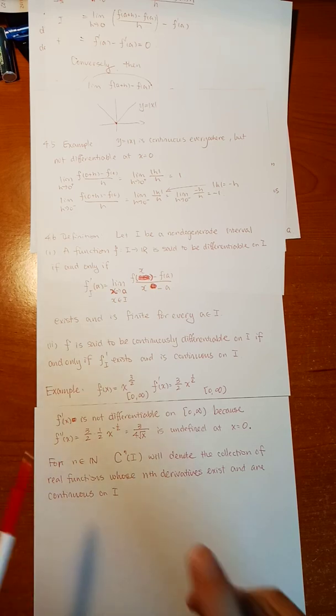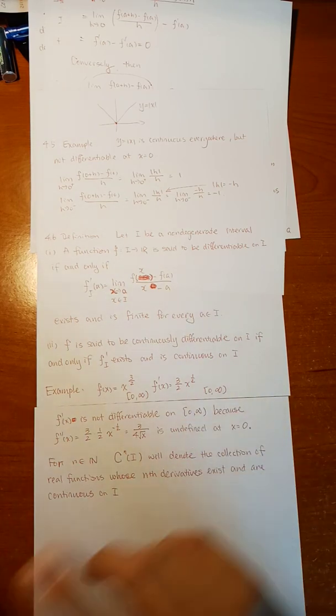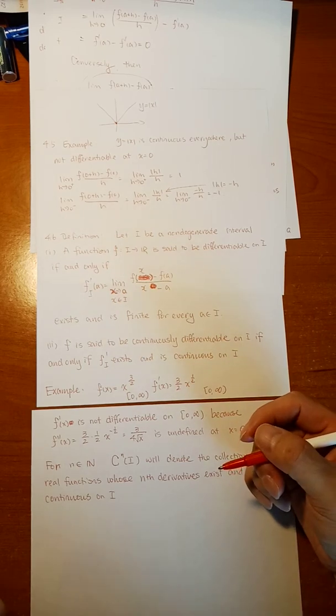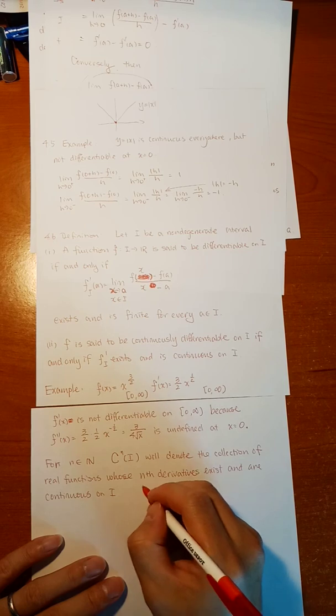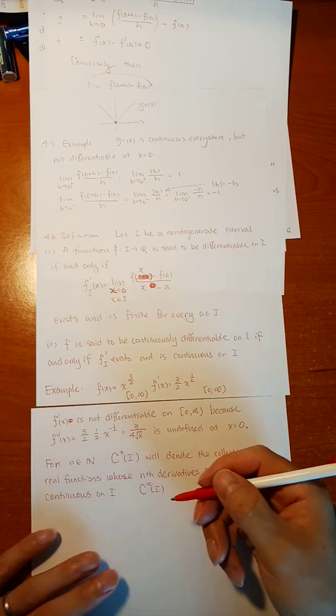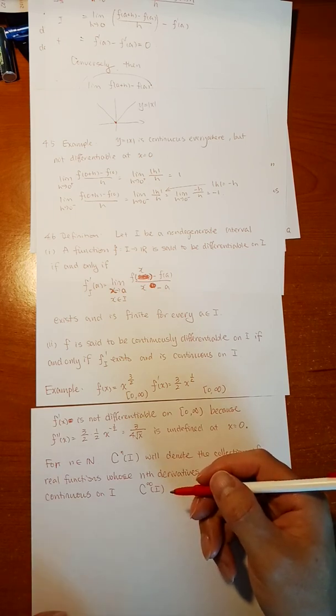So C^1 is continuously differentiable. C^2 will be twice differentiable with a continuous second derivative. And also we have C infinity. C infinity just means you can differentiate infinitely many times and the derivatives are still differentiable.